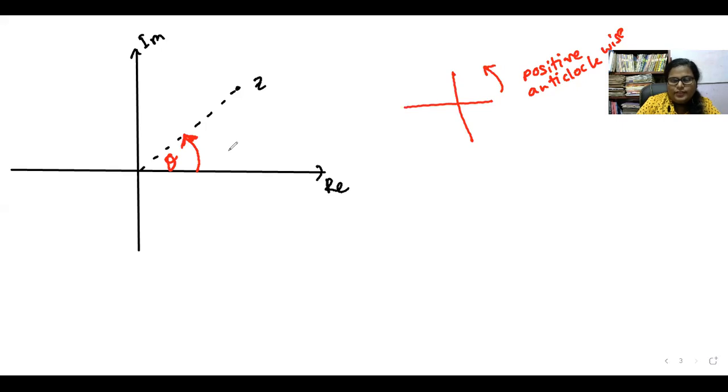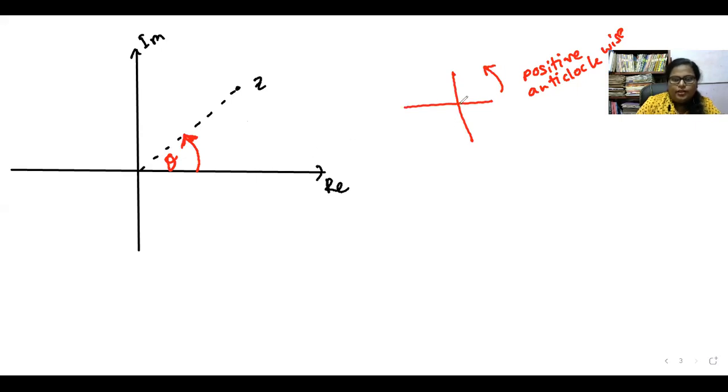So arg value is the angle formed by the line connecting the complex number z and the origin with the positive real axis, right?